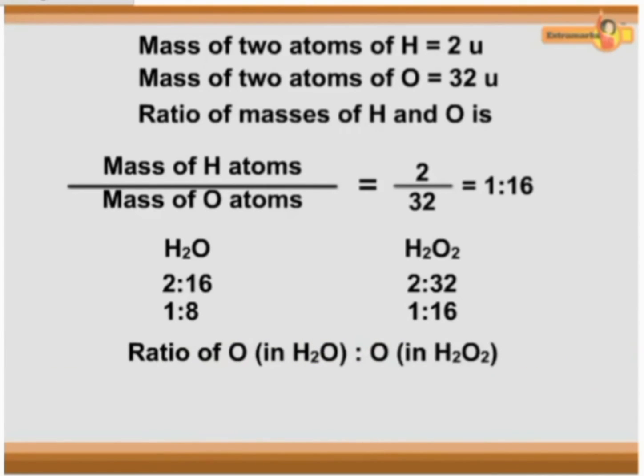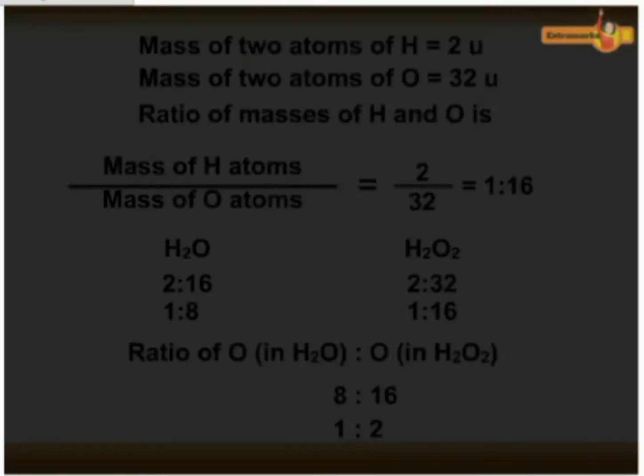Now if we fix the mass of hydrogen as 2, the ratio of masses of oxygen that combines with hydrogen in water and hydrogen peroxide will be 8:16 or simplified to 1:2. This data proves the law of multiple proportions.